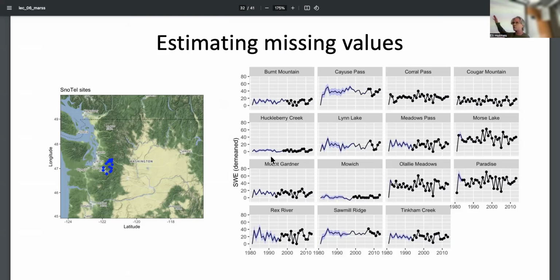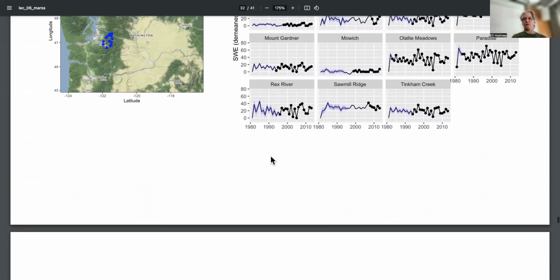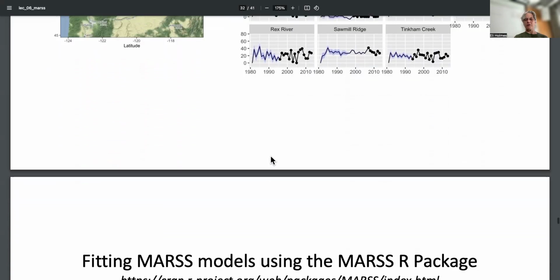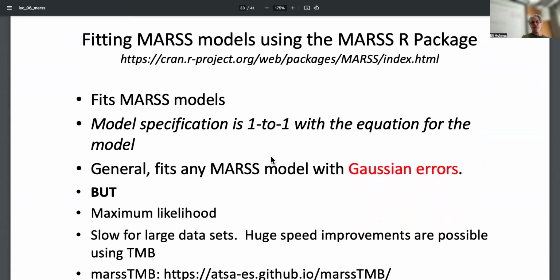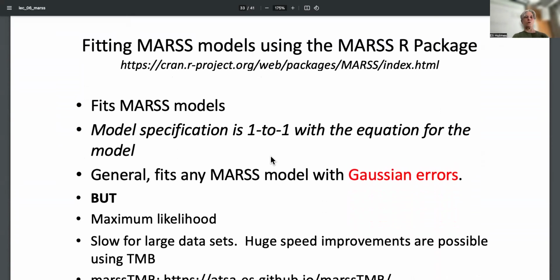You're using all the information about how things were varying in the sites where you do have data. So this is a really common way that this class of model is used. Like I said, this example is in the lab manual.